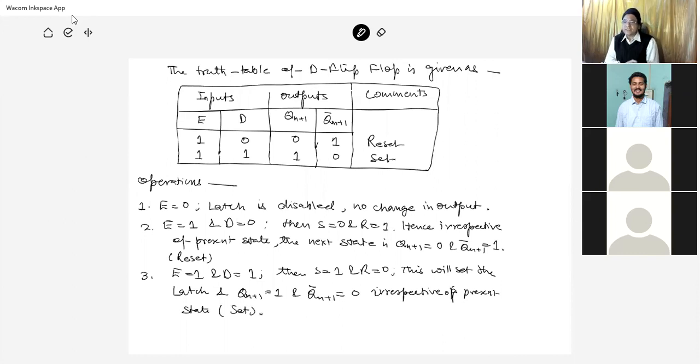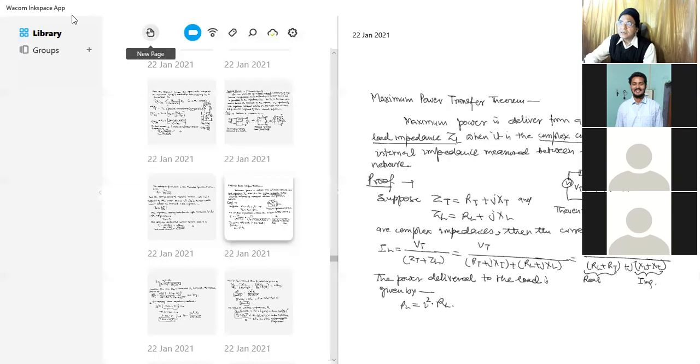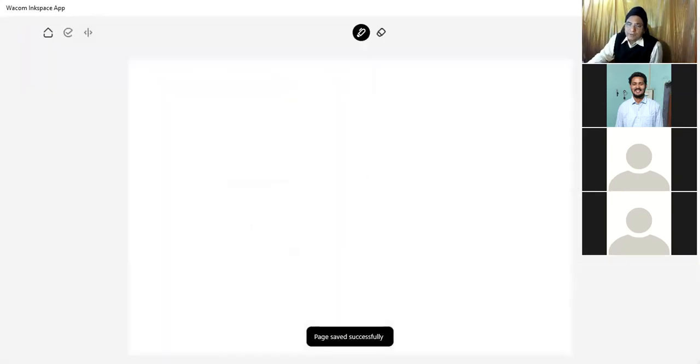So these three cases are for the D flip-flop, and the last one is toggle flip-flop.